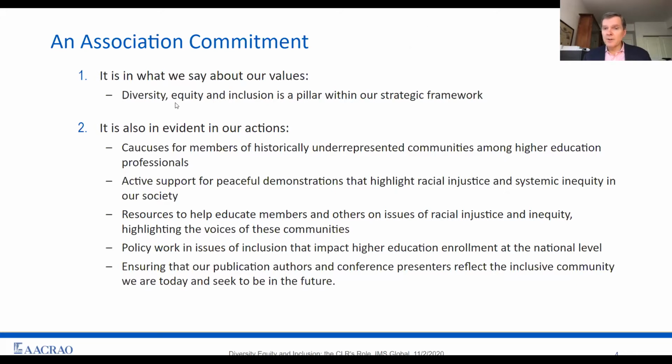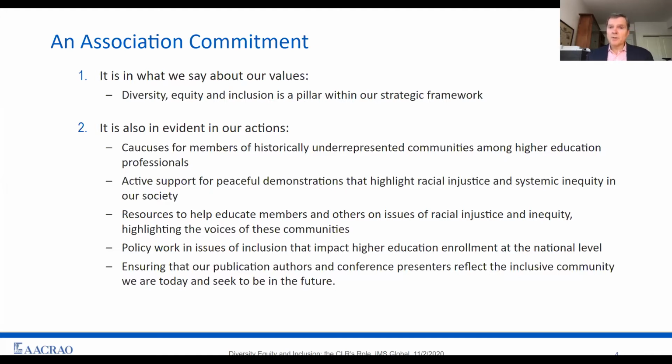We have caucuses around historically underrepresented groups, ways that our members can come together and speak with like-minded individuals about how we can more intentionally lower the barriers, remove the barriers, and be more inclusive and representative in higher education, both for students, but also in our administration.